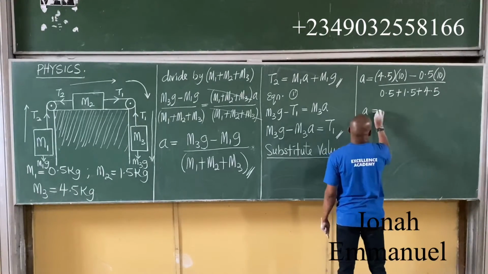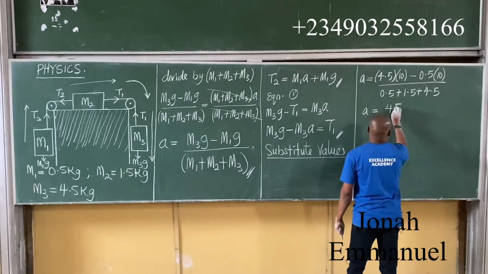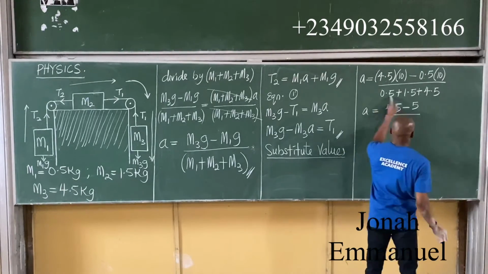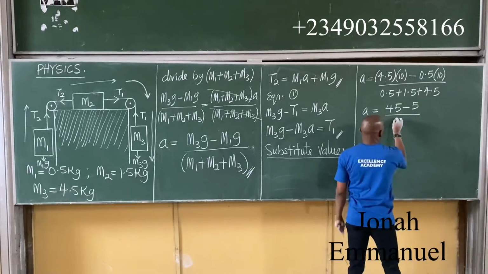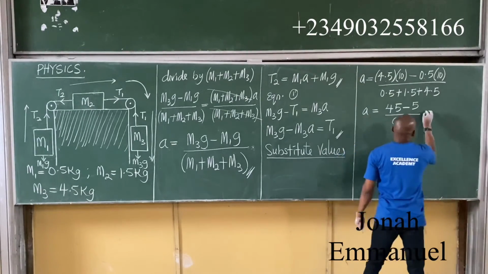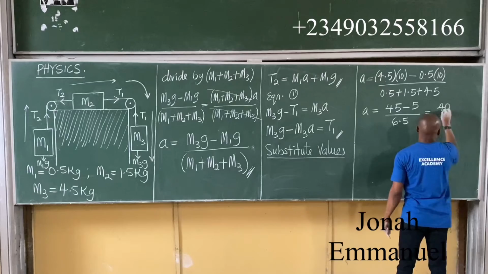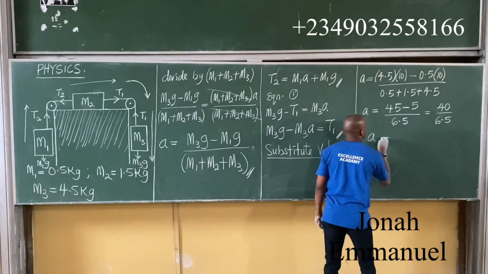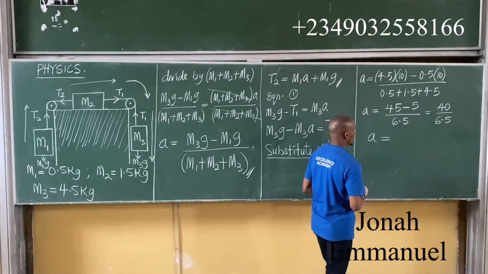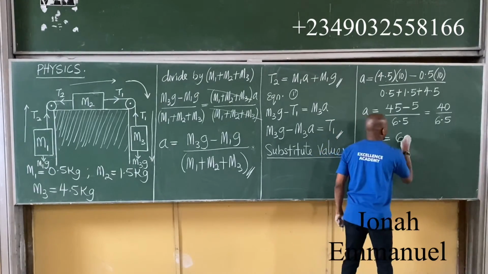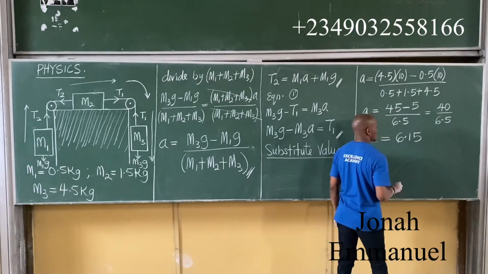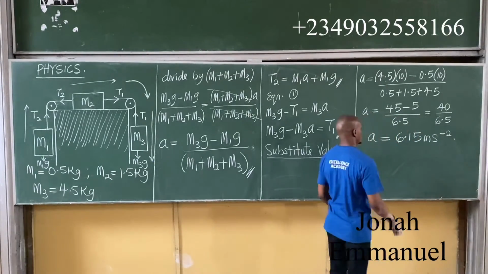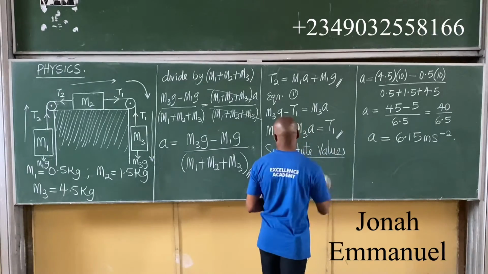So A is equal to 45 minus 5 all over 6.5. So here is equal to 40 all over 6.5. So A is equal to what value? 6.15 meters per second square.